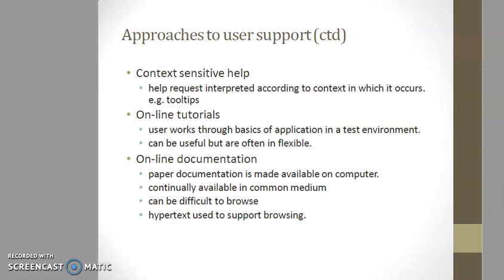These range from those that have specific knowledge of the particular user to those that provide a simple help key or a function that is interpreted according to the context in which it is called and will present help accordingly.